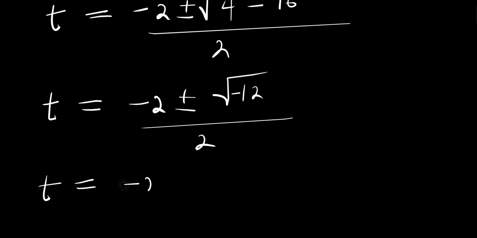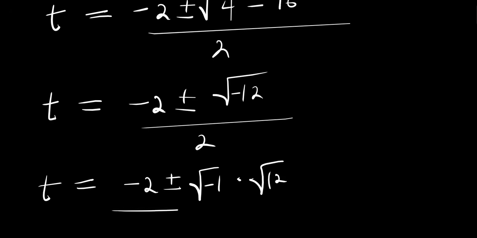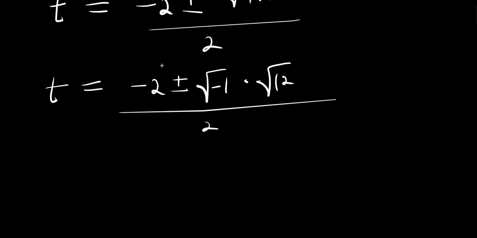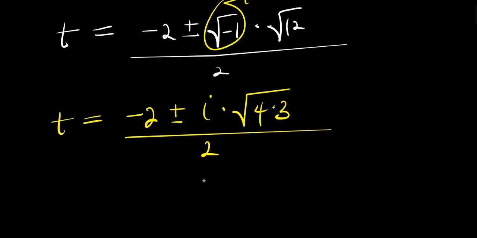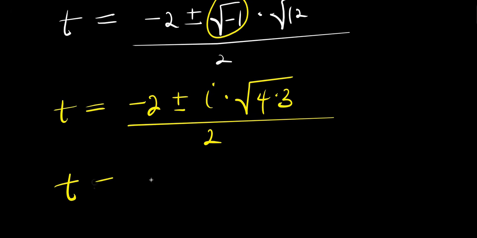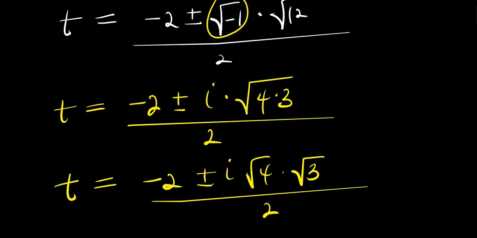This is t equals -2 plus or minus square root of -1 times square root of 12, divided by 2. And what you should know is that this is i, so we have t equals -2 plus or minus i times square root of 12, which is 4 times 3, divided by 2. T equals -2 plus or minus i times square root of 4 times square root of 3, divided by 2.